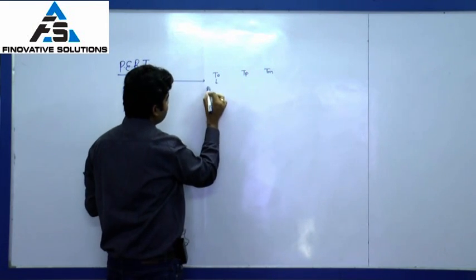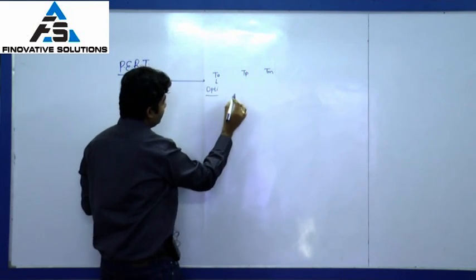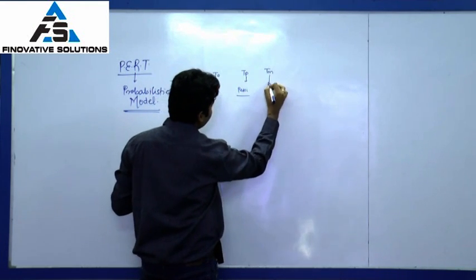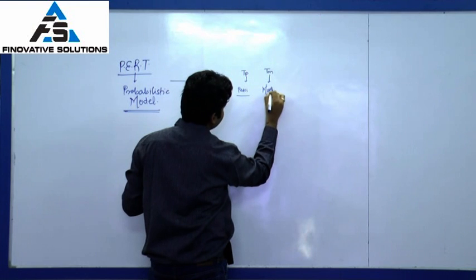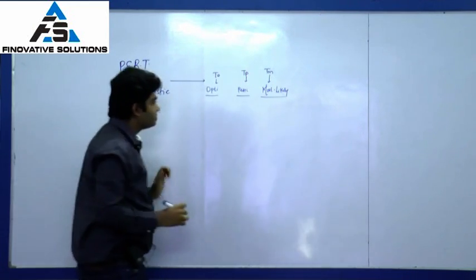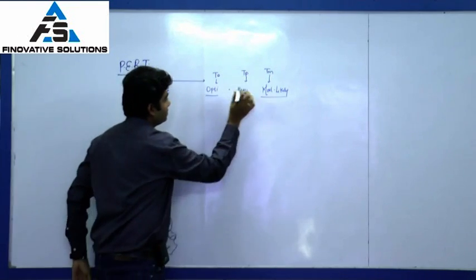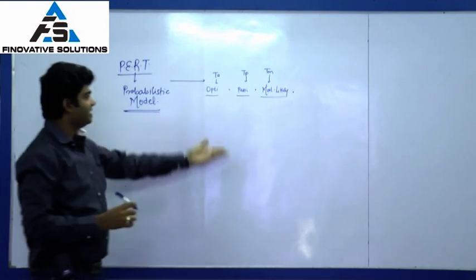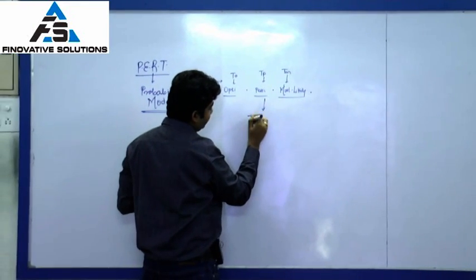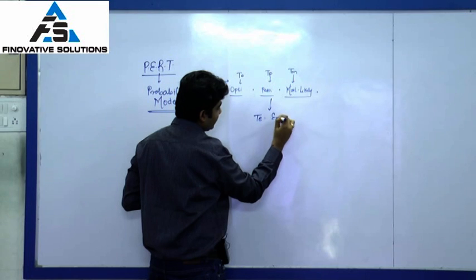TO, called the optimistic time, TP, called the pessimistic time, TM, called the most likely time. These are the 3 things that we have. Based on this, we will calculate TE, called the expected time.